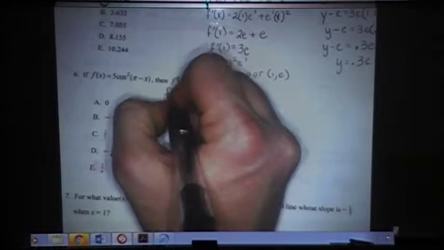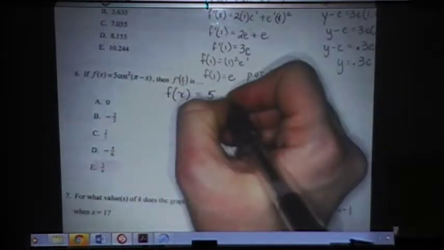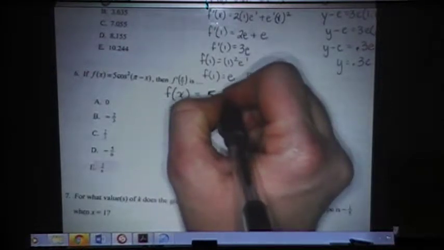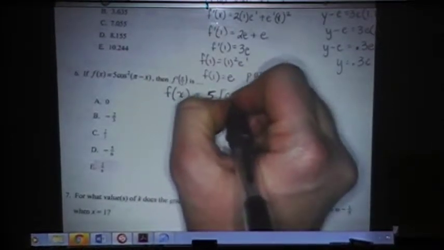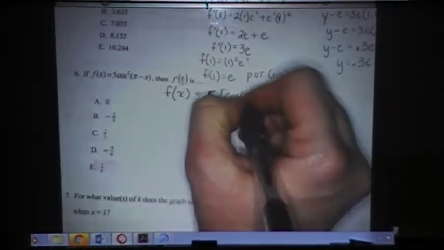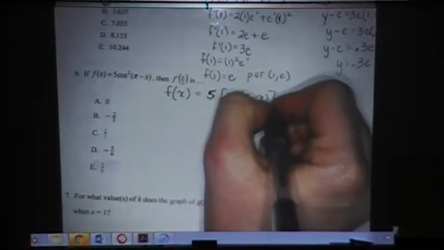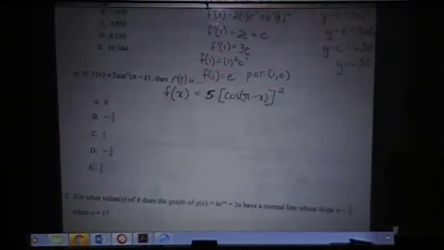So let's see. The first thing I'm going to do is rewrite it just to make this a little easier to look at. This is why I say chain rule maybe, because 5 is a coefficient, so it's going to go in front. I'm going to rewrite this as cosine of (pi minus x) and then put the squared on the outside, because that makes it a little easier to look at.